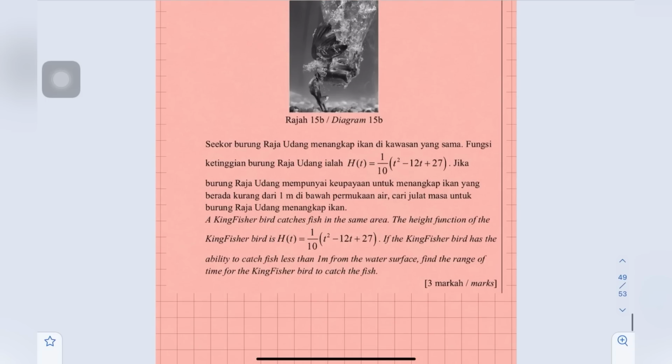Okay, so he wants us to find the underwater surface. So h(t) for the kingfisher is less than 0. So h(t) is 1 over 10 t squared minus 12t plus 27 less than 0.